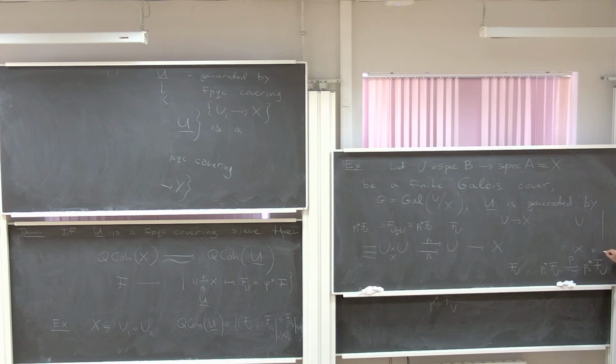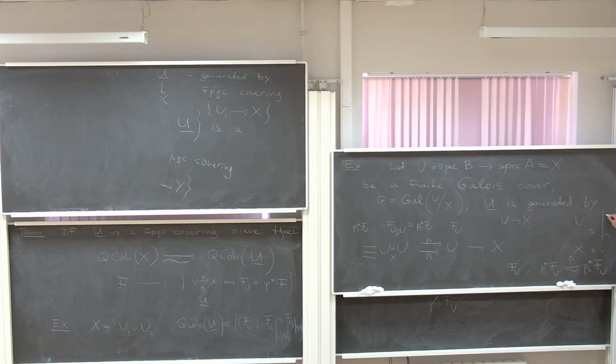This isomorphism in particular tells me that, since I'm given a sheaf on U, we are given an isomorphism between the fiber at this point and at this point, because they project to the same point in X. Right?